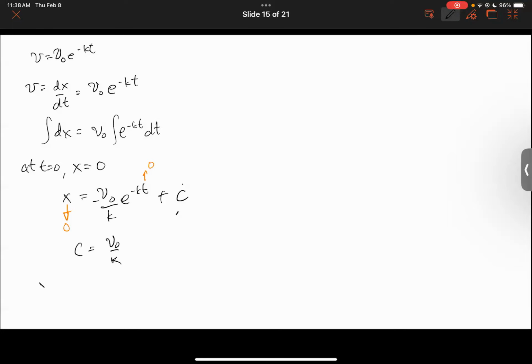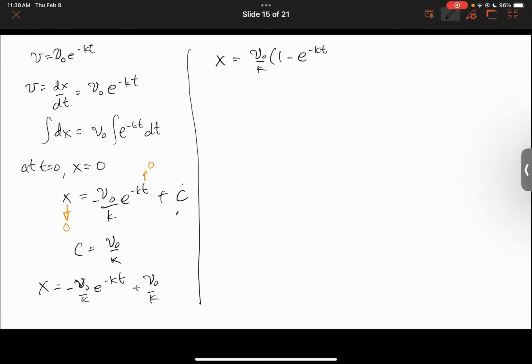Okay, so ang expression natin ngayon is x equals negative v naught over k exponential minus kt plus v naught over k, or x equals v naught over k times 1 minus exponential minus kt.